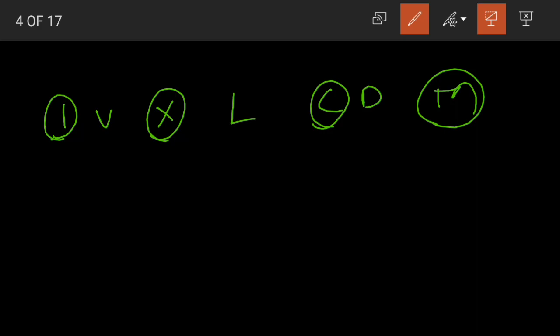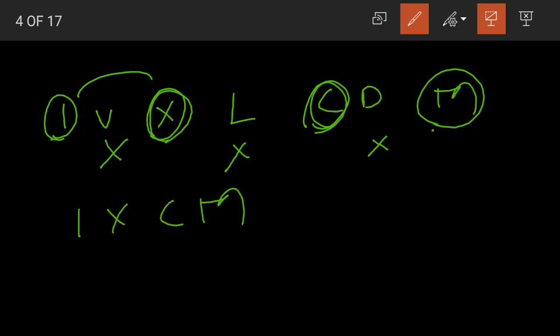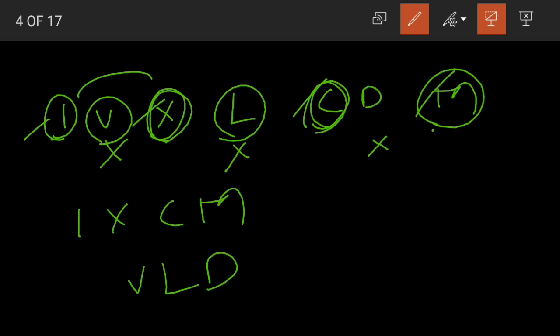I take the first symbol, then leave the next one, then take the next one, then leave the next one. Take, leave, take. What did we get? I, X, C, M. And what are the remaining symbols? V, L, D.